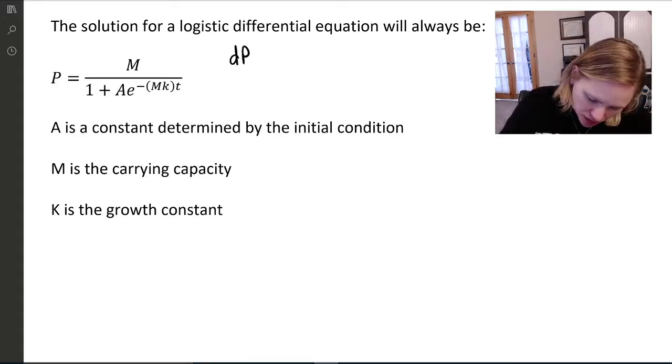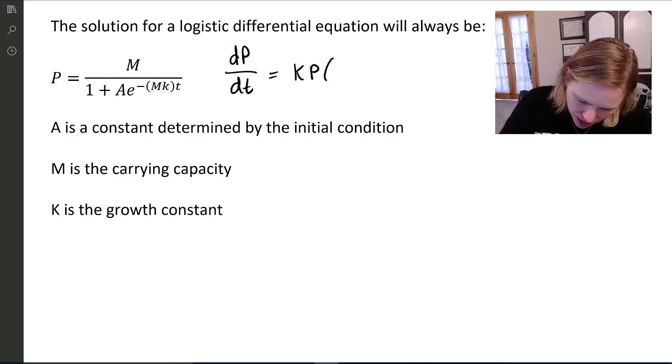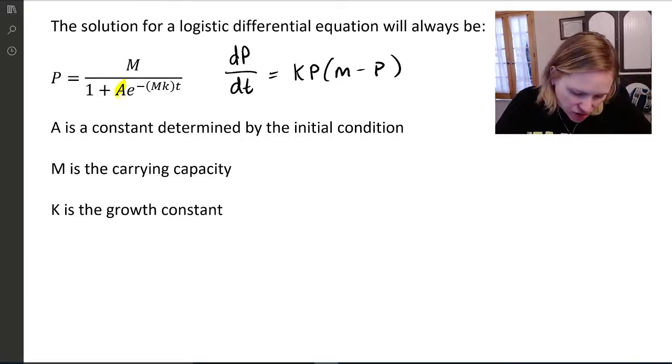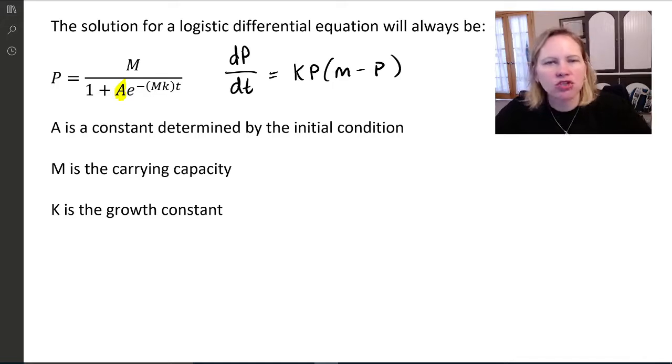So remember, dP/dt equals kP times (M minus P). So K and M will come straight out of that equation. But A is like your constant. So you're going to need some sort of initial value to be able to solve this. And you're going to have this equation on your test in my class.